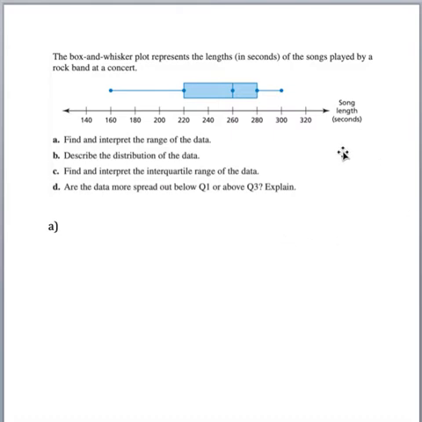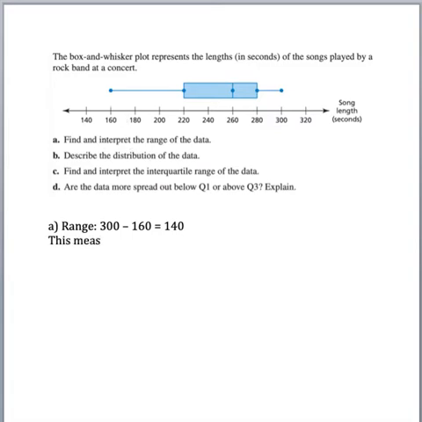The range is when you take the greatest value, which in this case is 300, minus the least value, which is 160. The range, the greatest value minus the least value, gives us 300 minus 160, which is 140. So that's our range, and they also ask us to interpret the range. Explain what it means.